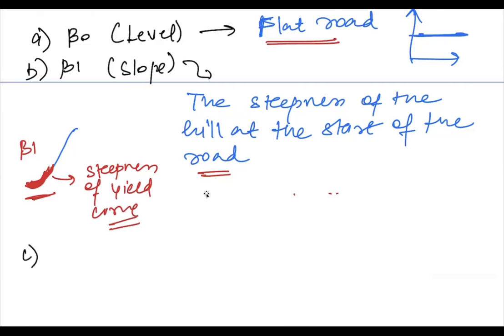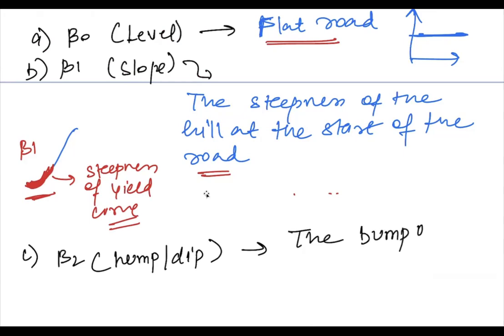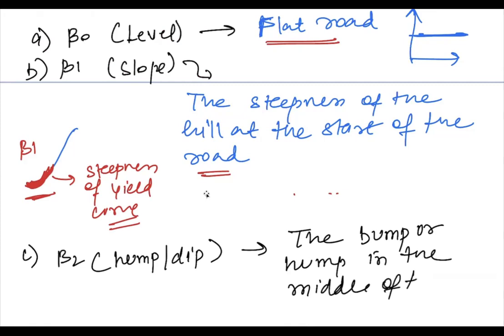Now what is beta 2? If you remember the first hump or dip, you can always remember beta 2 as the bump or hump in the middle of the road. Let's say you are going along and suddenly you see a dip, or suddenly you see a bump like this.